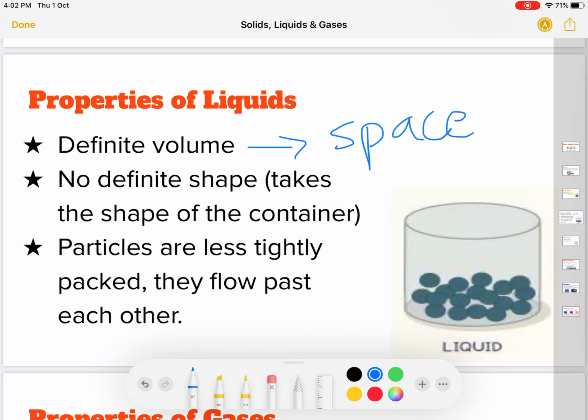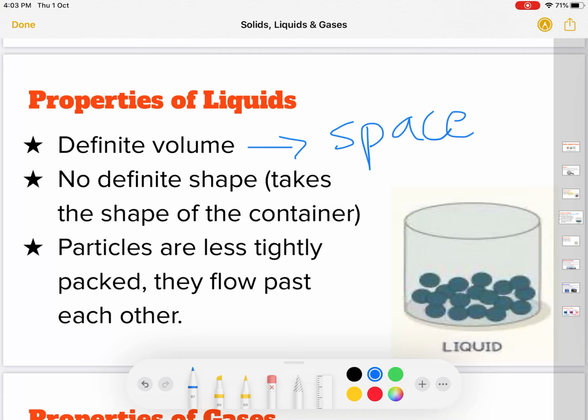For example, when your mom tells you, get me 1 liter of milk while you're coming back, it means what? 1 liter is a specific amount of volume. Like for example, a small can of Pepsi is 250 milliliters. This is the amount of space the Pepsi is taking from the can. Okay, so all liquids do have a specific amount of volume.